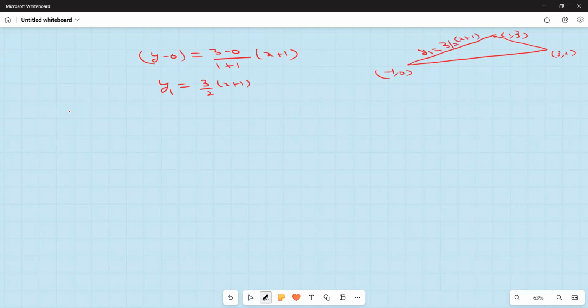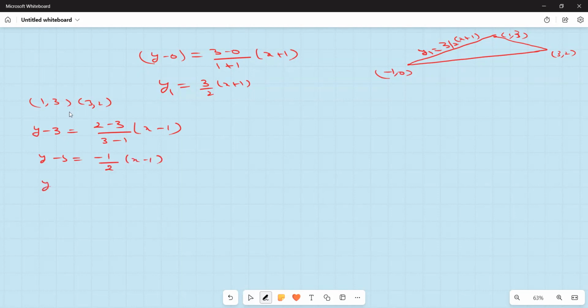Right? Then the second equation, that is (1, 3) and (3, 2). Use the same: y minus 3 is equal to (2 minus 3) upon (3 minus 1) into (x minus 1). So that is y minus 3 is equal to minus 1 by 2 into (x minus 1).